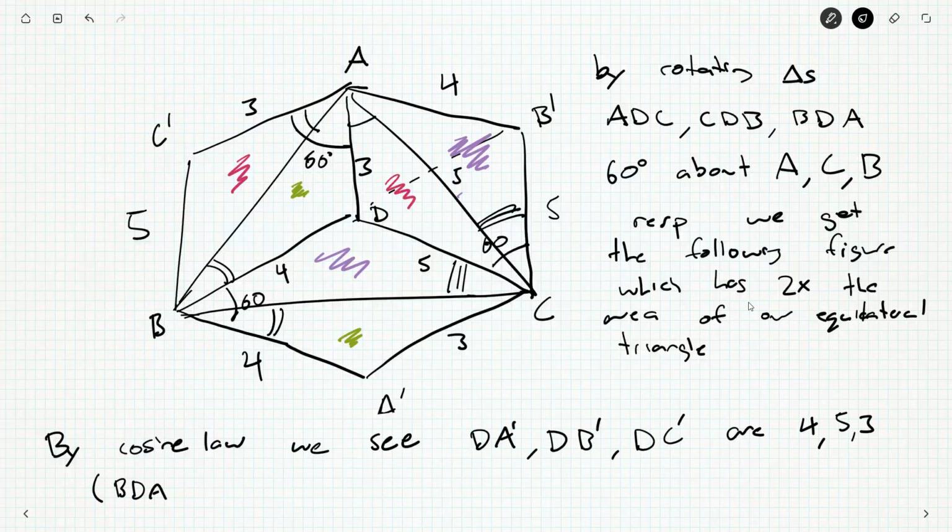Because BDA prime, CDB prime, and ADC prime are equilateral.